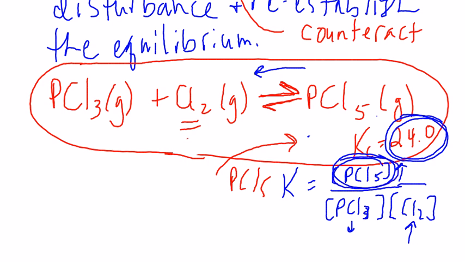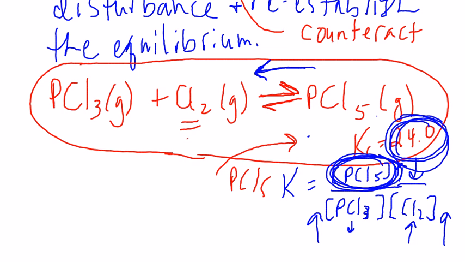Because if you increase the PCl5 concentration, to reestablish this ratio of 24, the only way to do so is to shift the equilibrium to the left, reducing the PCl5 and making more PCl3 and Cl2 to reestablish that ratio of 24.